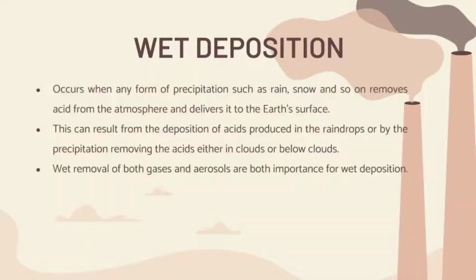This can result from the deposition of acid produced in the raindrops or by the precipitation removing the acids either in clouds or below clouds. Wet removal, like aerosol and gases, are both important for wet deposition.